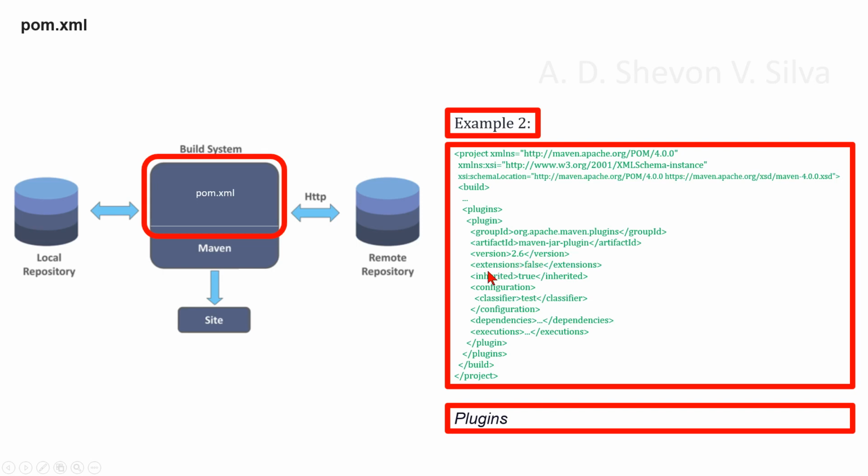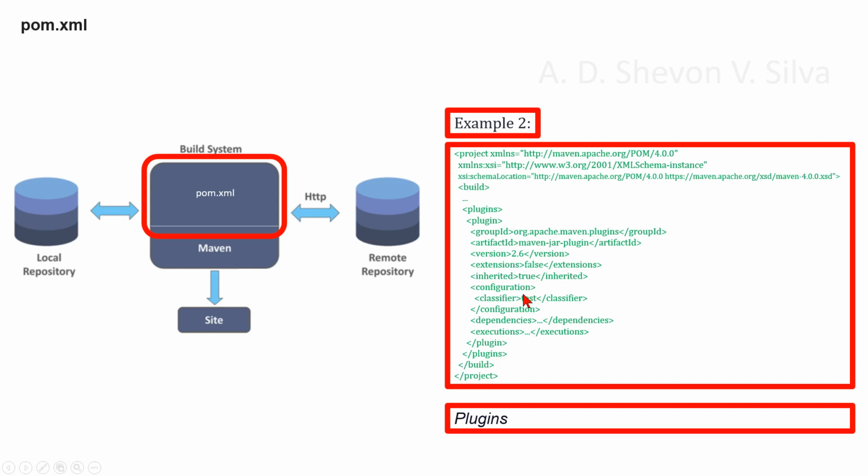Extensions, true or false, whether or not to load extensions of this plugin. It is by default false. Inherited, true or false, whether or not this plugin configuration should apply to POMs which inherit from this one. Default is true.